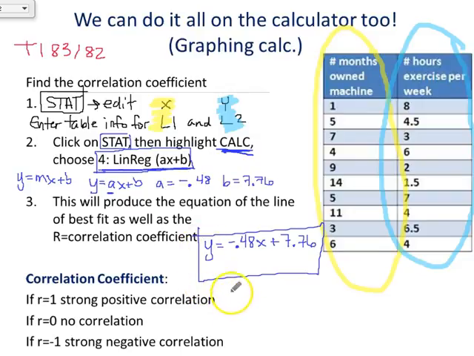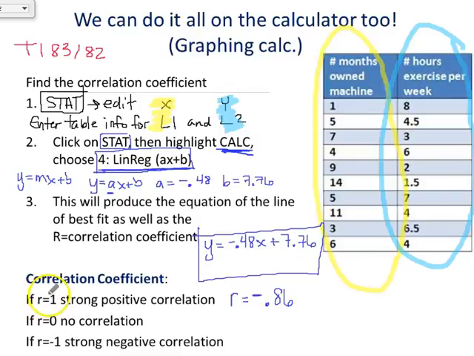Now I also have an r value that the calculator is giving me. And it says that the R value is negative 0.86. I'm going to round to 2 decimal places. So this tells us how close our line aligns to all the points of the given data. If we were to graph it, how close our line gets to all those points.